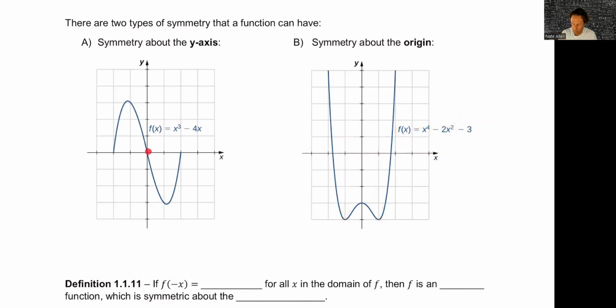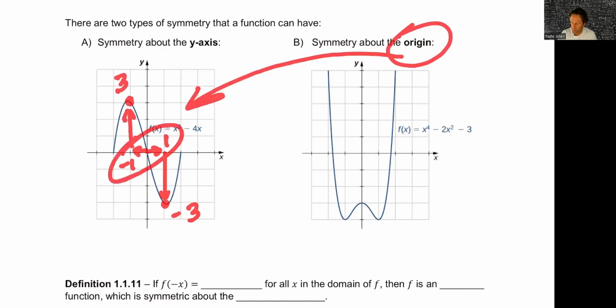But what if I put in 1 here and -1 here? You can definitely see that they are going to be different. But how are they related? Notice over here, if I did it, I'd get a -3. But if I put the -1 in, I ended up with +3. So how are they related when it's symmetrical about the origin?